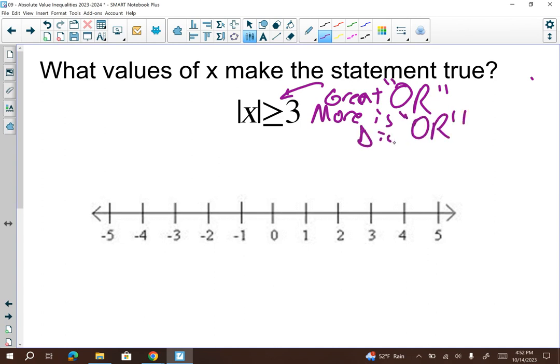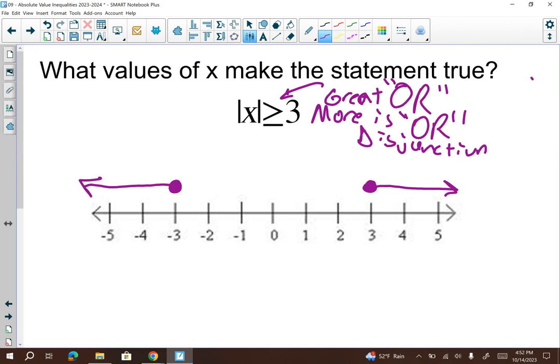So I know it's going to be a disjunction. Okay. So all the values that make absolute value of x greater than or equal to 3, that means it could be 3, and all the values bigger as a positive. It could be -3, and all the values smaller.